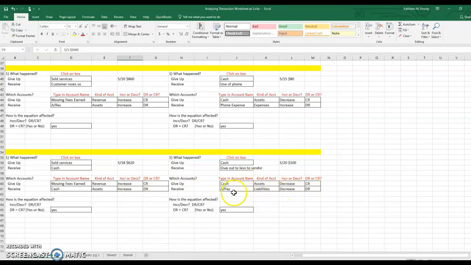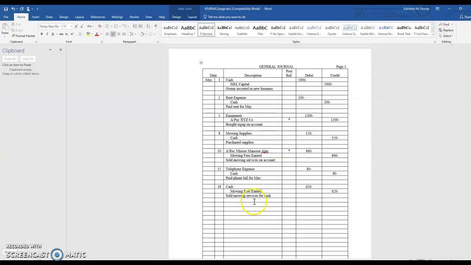We're debiting accounts payable, crediting cash on the 20th for $100. Okay, once again, we have to know who is the vendor. Well, it's still XYZ.